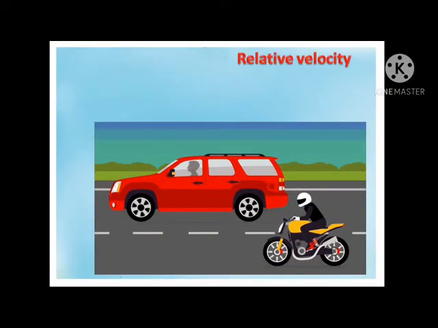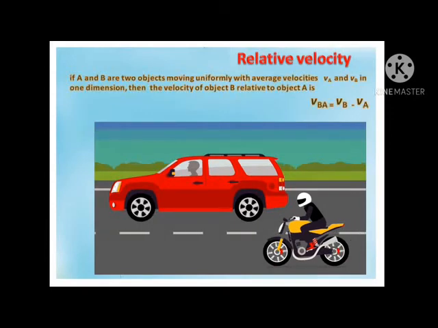Here, for example, two bodies A and B are moving with average velocities VA and VB respectively. Then the velocity of A with respect to B, or the velocity of B with respect to A, is the relative velocity.